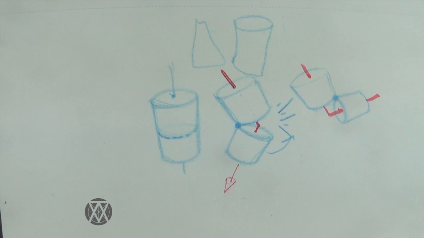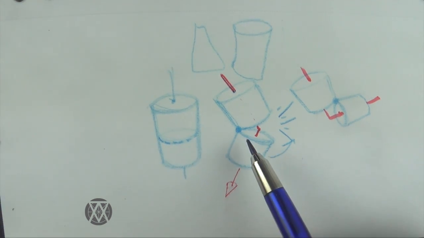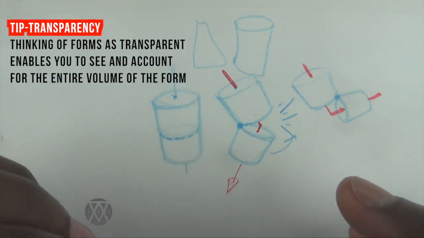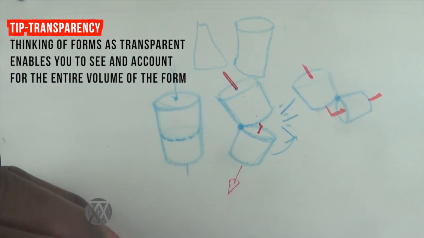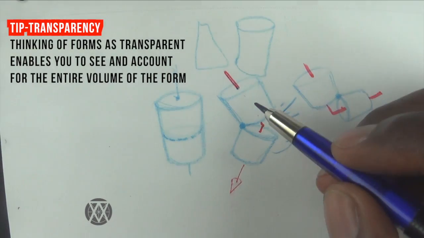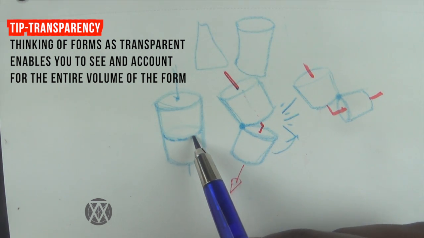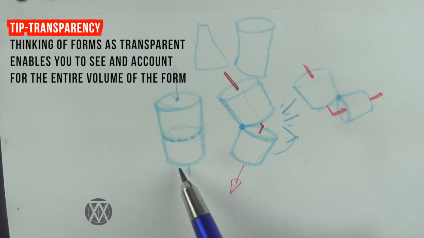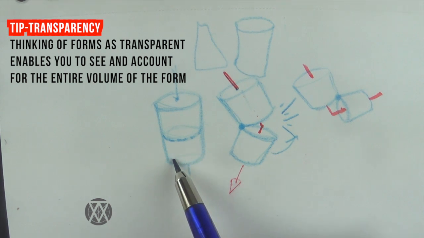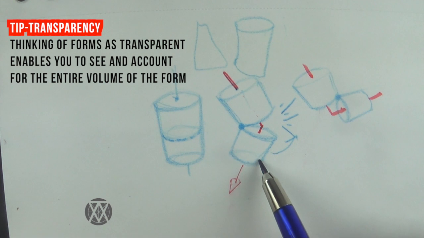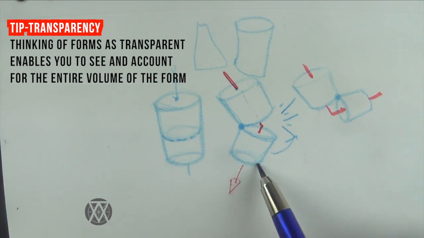All right, good. Now another important thing is that it's important to think of the forms being transparent. Okay, now what do I mean by that? See how I drew this line that continues all the way around? Even here, even though I did this, you should think of the forms as being transparent, and it's very important to do this when drawing the mannequin.